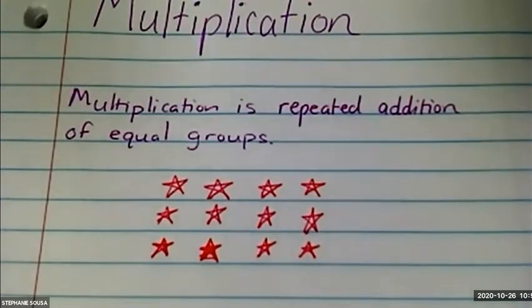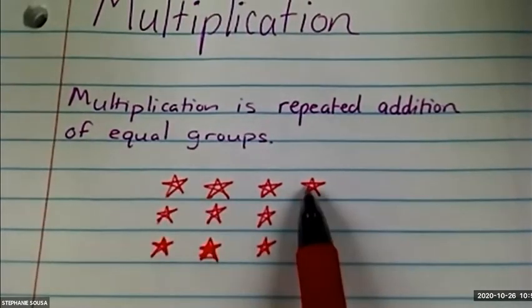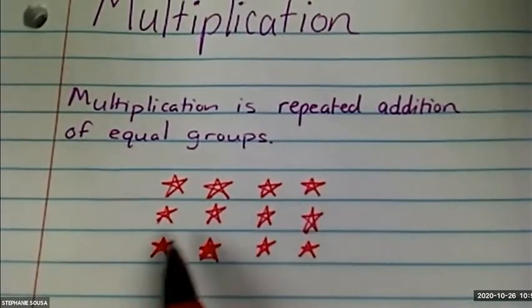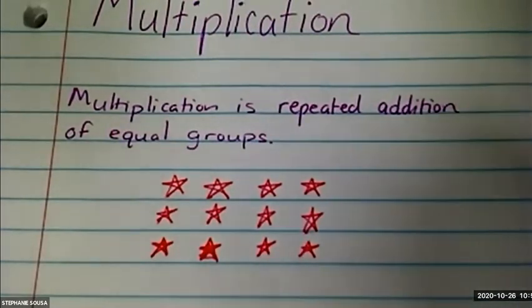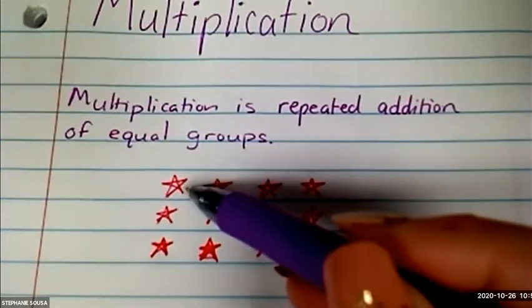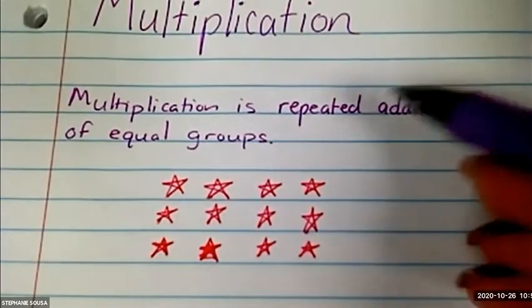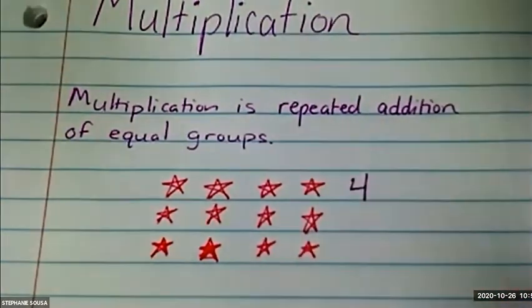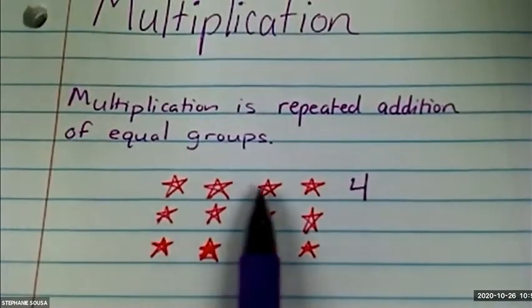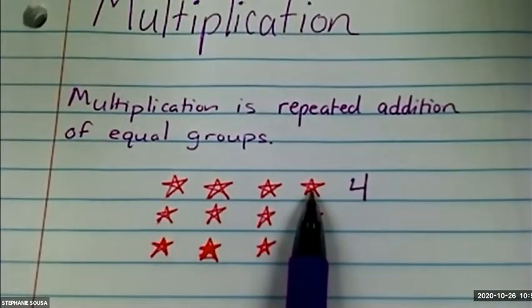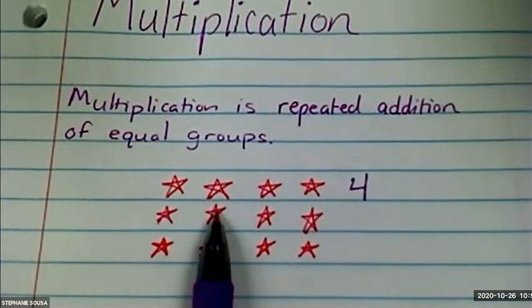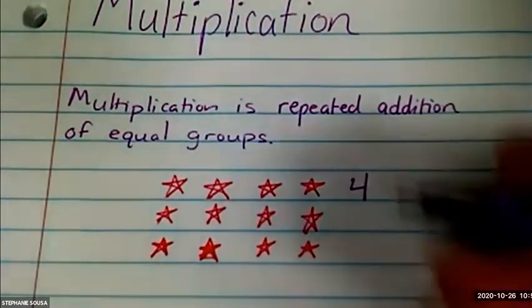Now, you guys know, just like we saw in the video, that we can count this as 4 plus 4 plus 4. So over here in the corner, here's what I like to do. I like to add my total. So I have 4 right here. There are 1, 2, 3, 4. Then I'm going to keep counting. 5, 6, 7, 8.